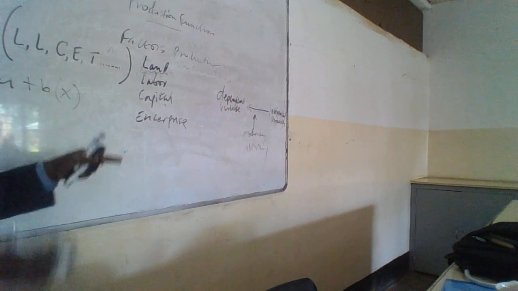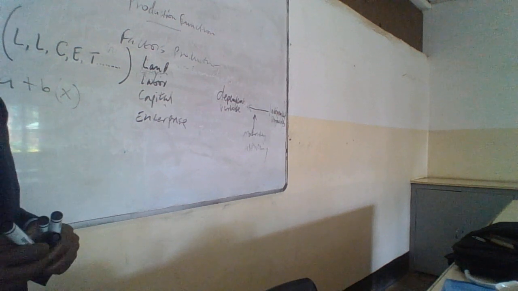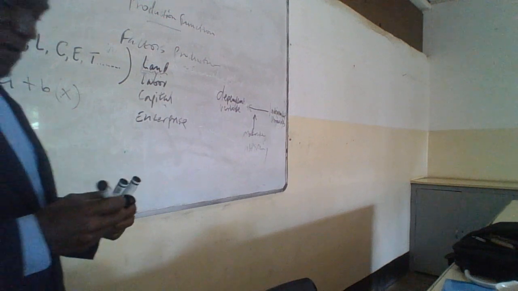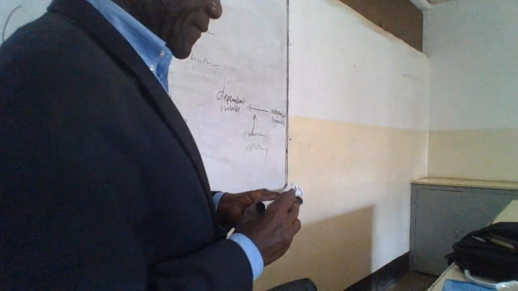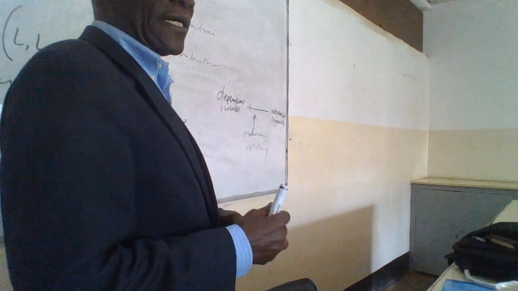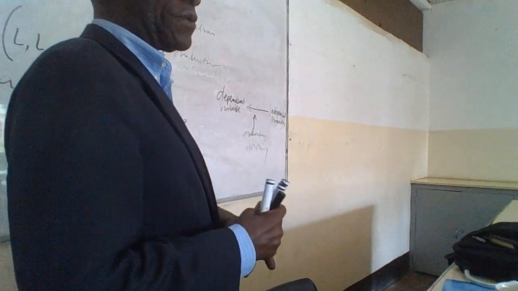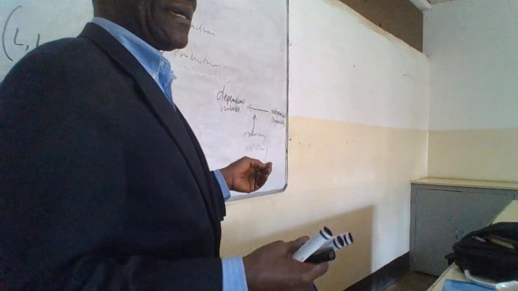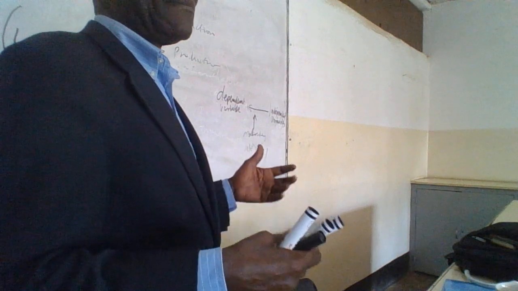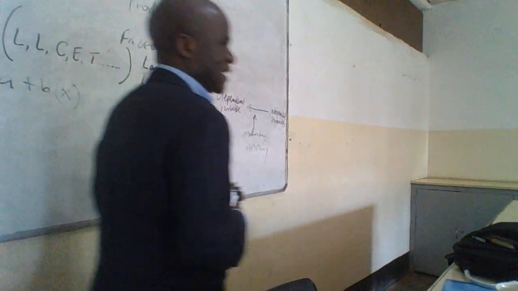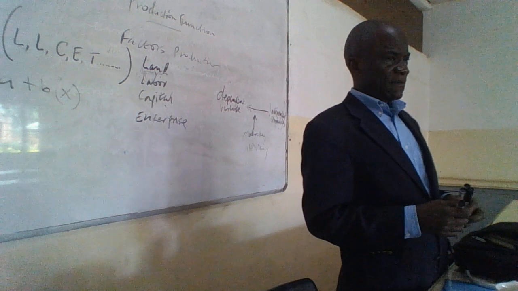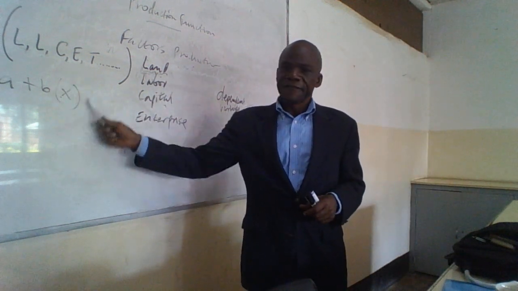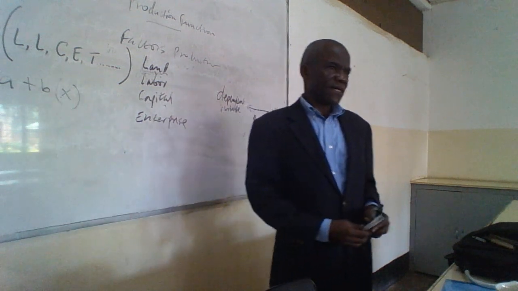So the X here is just representing all the factors of production. And the A is a constant, which just tells you the minimum before you add any of these mixtures of inputs. You might actually have a minimum that you can get from your plot of land, for example. So A plus B X, and this is a linear kind of relationship.